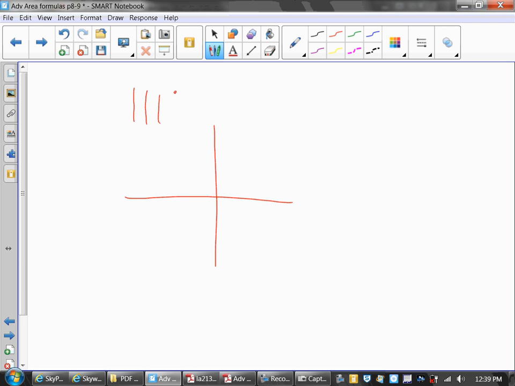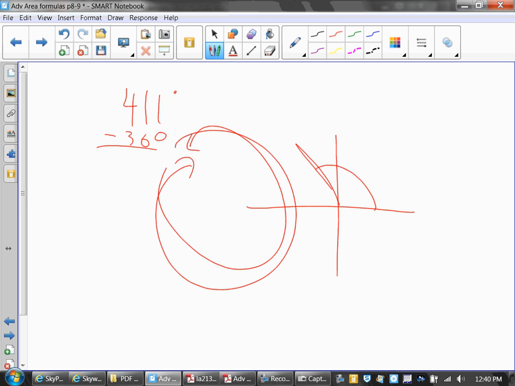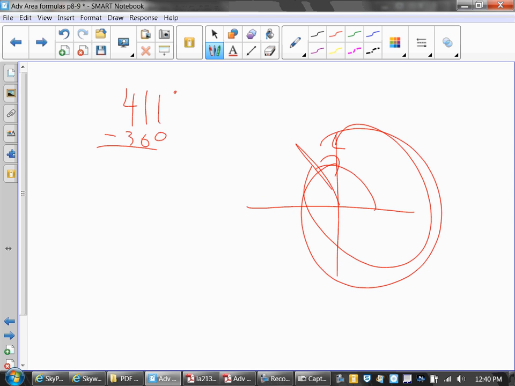Since this is within one revolution, all you do is add 360 to figure out where you wound up, and subtract 360 to figure out where you wound up. If it is at, let's say, 411, since it's already past 360 degrees, you would subtract 360 right away to get the first positive, and then you get 51 degrees. There's your positive coterminal, and then you subtract again to get the negative.